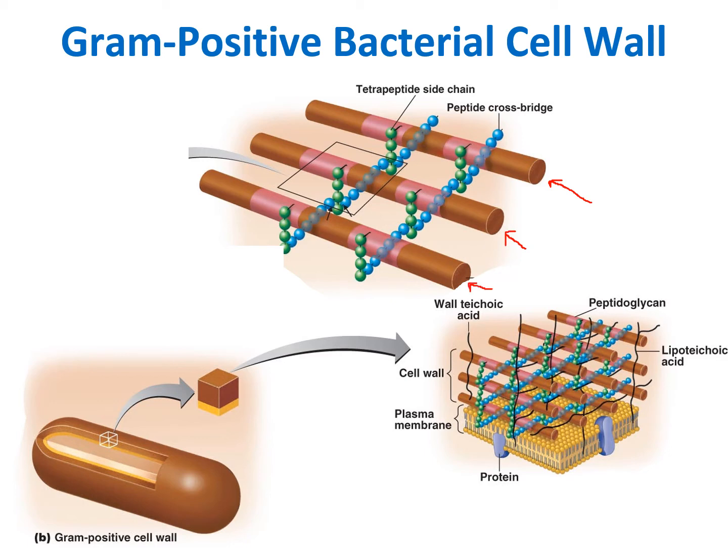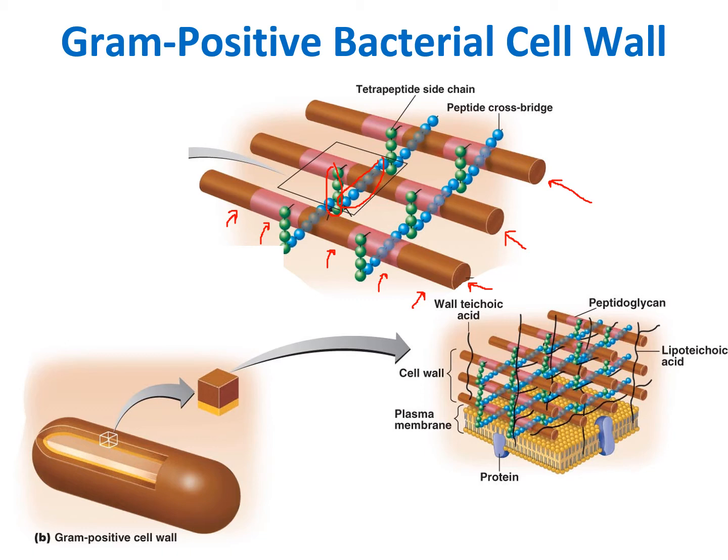So you can see we're alternating the NAG and the NAM to make these backbones. The green spheres here represent the amino acids that are attached to the NAM. And the blue spheres represent the crosslinks that connect one NAM molecule to another on an adjacent backbone. And again, this helps to stabilize and strengthen the cell wall.